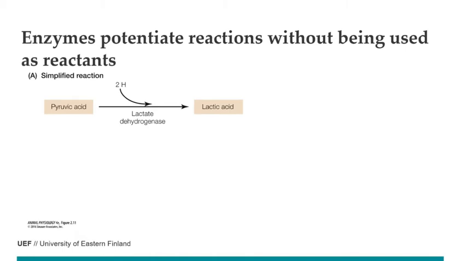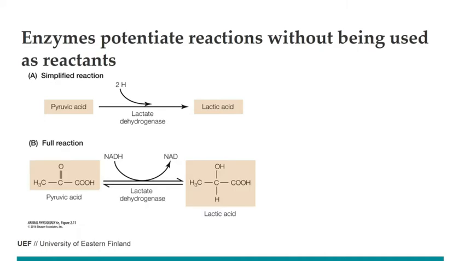Lactate dehydrogenase plays the key role in making lactic acid. These enzymes potentiate the reaction without being used up. Lactate dehydrogenase uses pyruvate, or pyruvic acid, to form lactic acid, and at the same time uses NADH, which has taken protons from the glycolysis reactions.